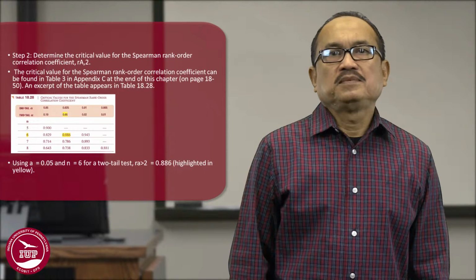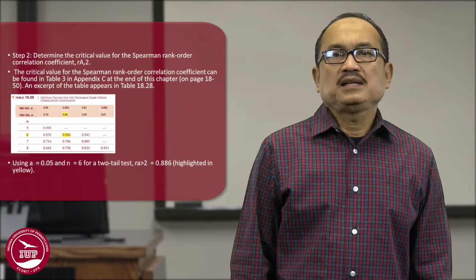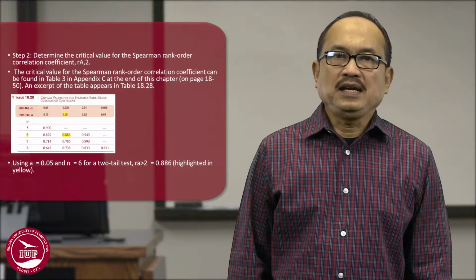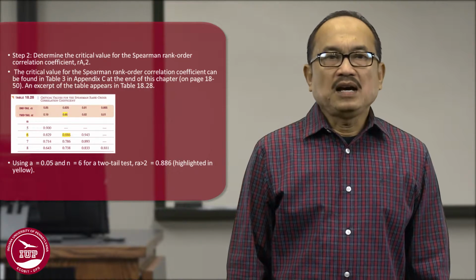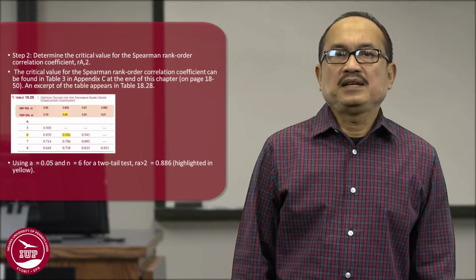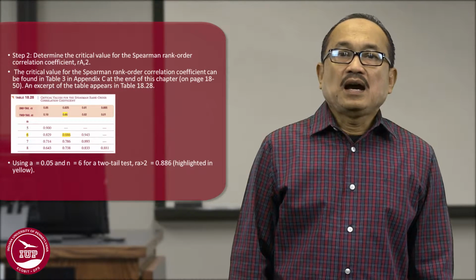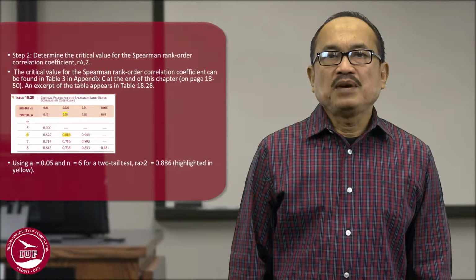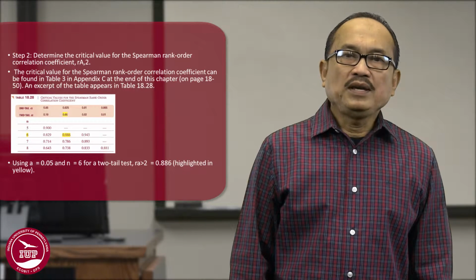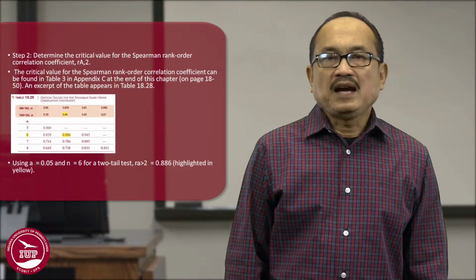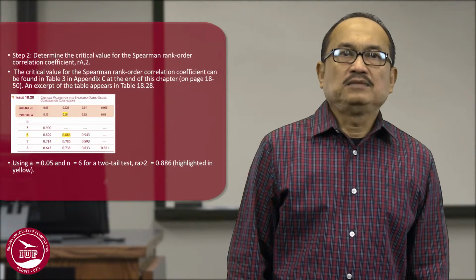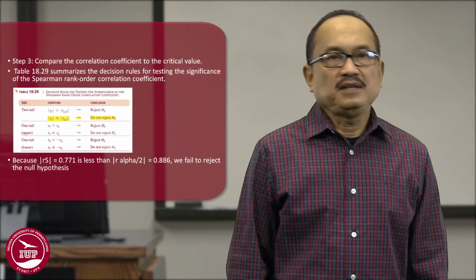An excerpt of the table appears in Table 18.28. Using alpha equal to 0.05 and n equal to 6 for a two-tailed test, r alpha divided by 2 equals 0.886, highlighted in yellow.